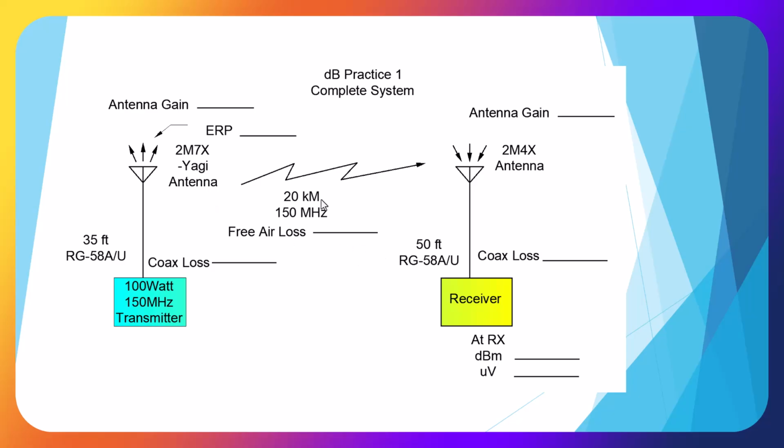We have 20 kilometers and 100 megahertz signal through air, received by a 2M4X antenna, 50 feet of RG58AU coax, and received by our receiver here. And we're looking for coax losses, free air losses, our ERP, and our antenna gains. And then at our receiver, we're going to do dBm and microvolts.